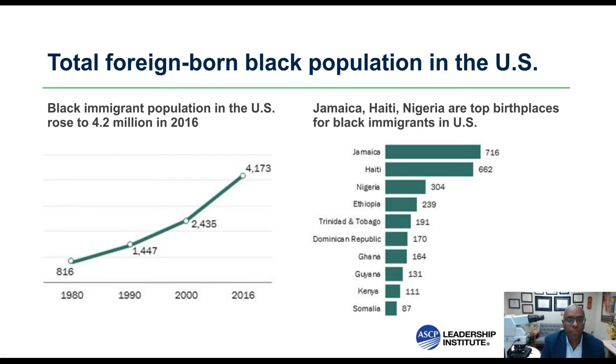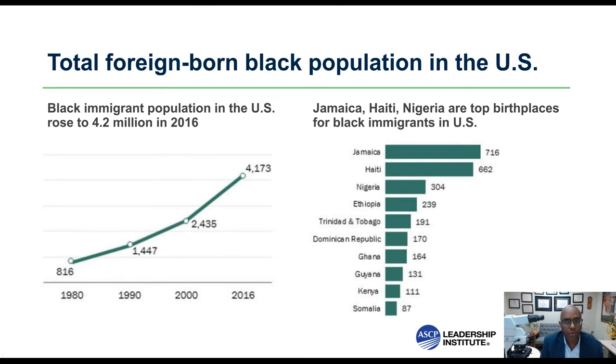I just want to briefly give you some background information about Black immigrants in the United States. From 1980 to 2016, there's been about a five-fold increase in the population of Black immigrants, from about 800,000 to above 4 million. Currently, 1 in 10 Blacks in the United States are foreign-born.